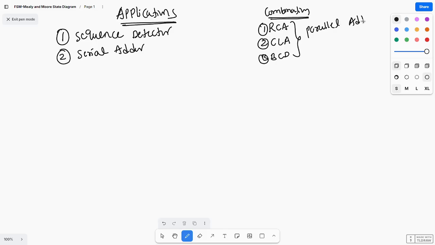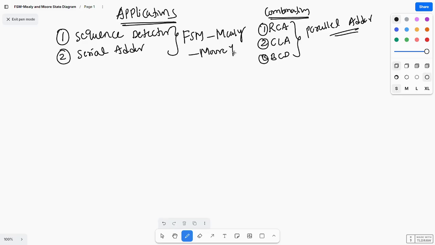A serial adder is used where speed is not a major requirement but cost must be considered. We will design the serial adder and sequence detector using FSM, both Mealy as well as Moore.